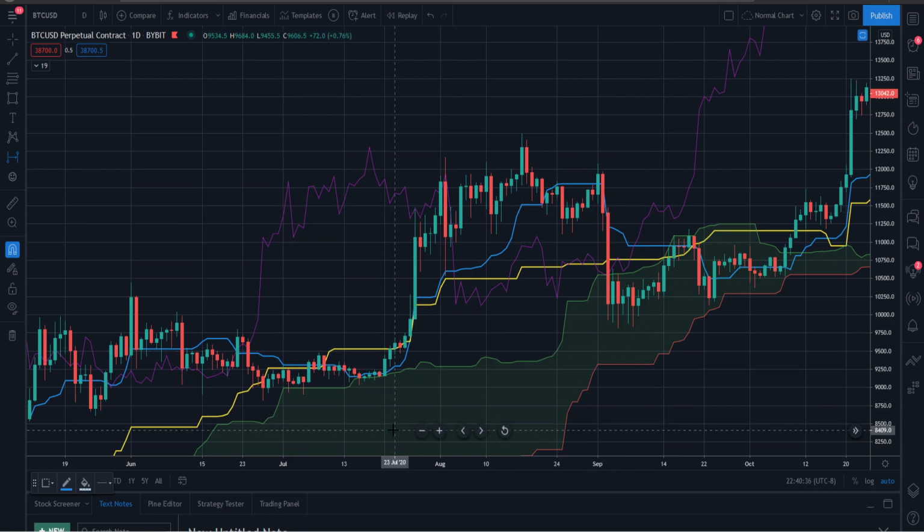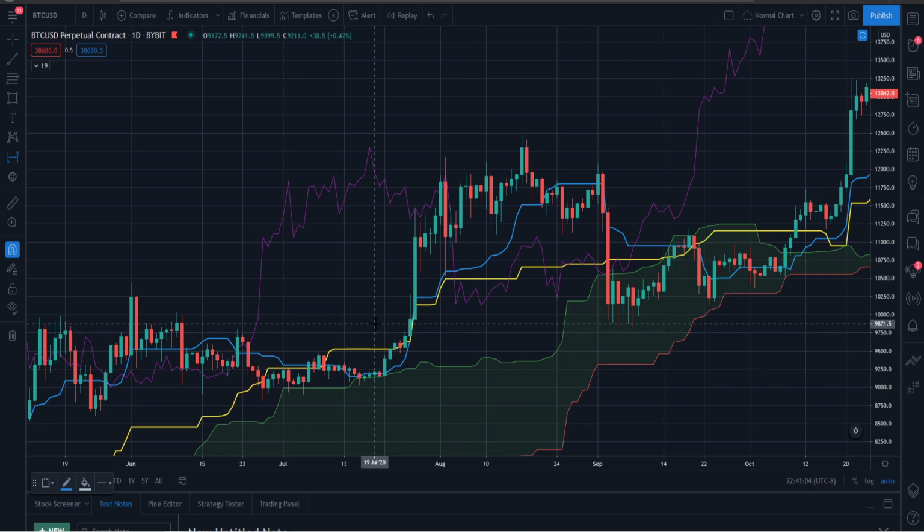Sometime soon I'm actually going to do an introductory course to Ichimoku, so I can really break down for you how these parts work together, and different types of trades that you can take. But for now, I just wanted to give you a super quick crash course of what these lines look like, and what their names are. That way you know which ones I'm referencing throughout the video.